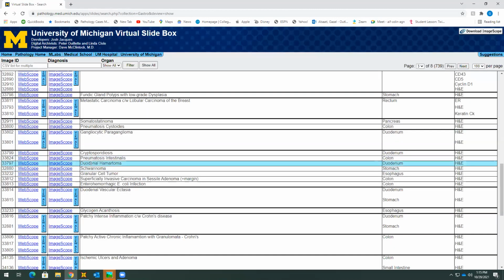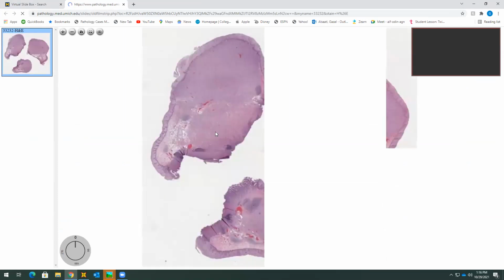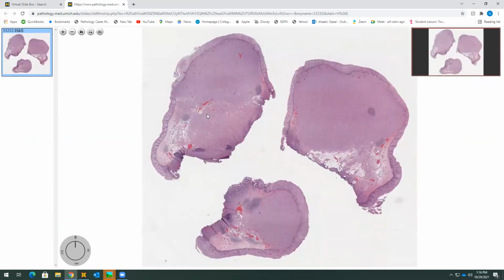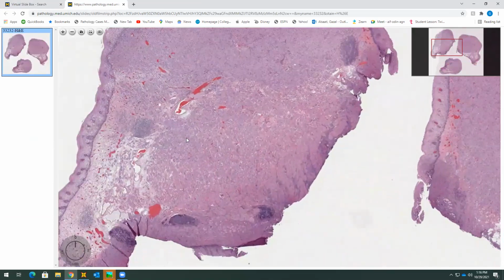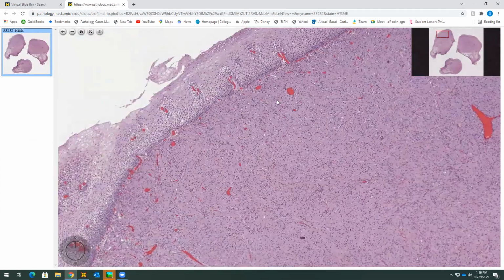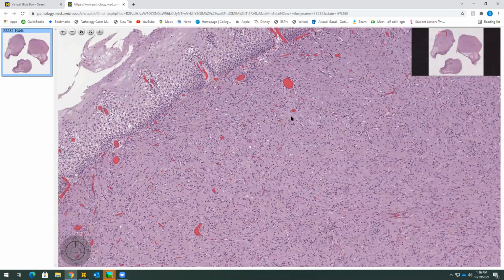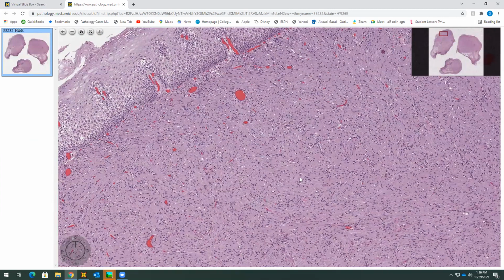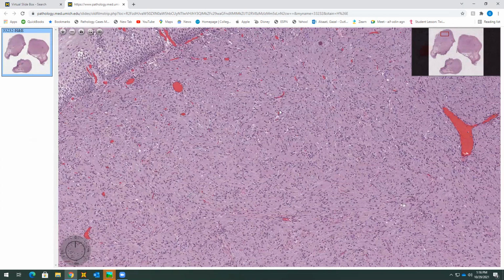All right. Now next is granular cell tumor. The location is the esophagus. It's actually one of the common sites of that lesion. I would personally also do other stains on this one.